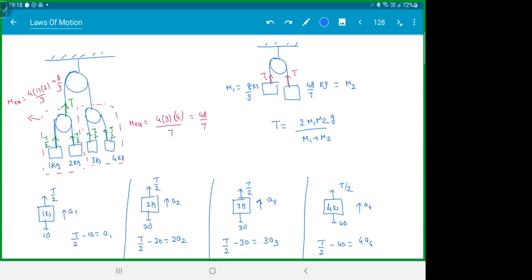Next one. Can I go ahead? Anyone not convinced with anything here? Please ask. Ali, clear? Abhinav? Got this? Adrit? Ritu? Next one.